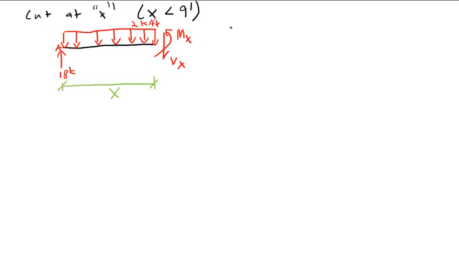Okay. So the shear will be the easiest to get. Sum of forces in the y direction is equal to 0. Thus, we'll have 18 kips minus 2 kips per foot times x. What this is saying is each foot of beam has 2 kips of downward load applied to it, and there's x feet of beam on this free body diagram.